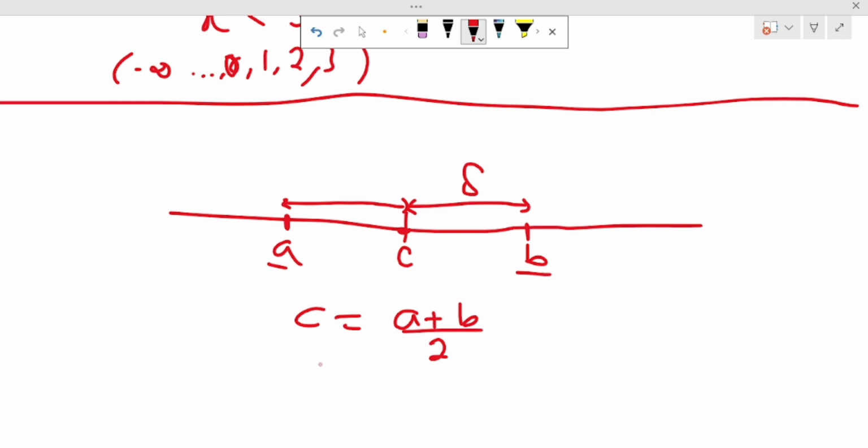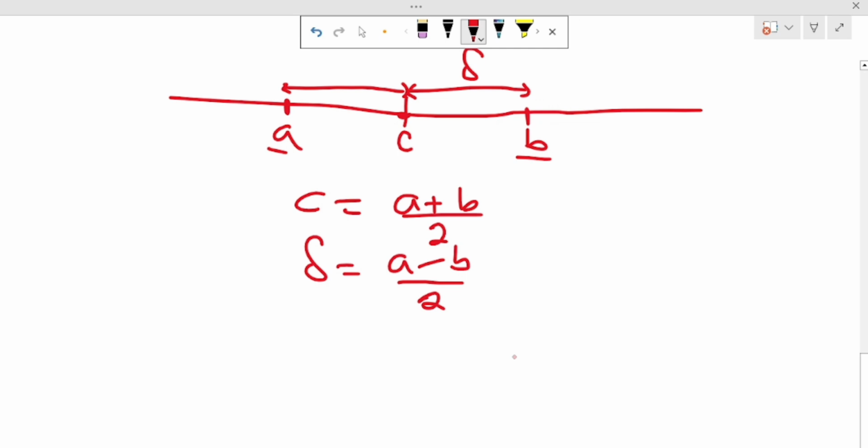And the radius of the interval, delta, can be found as B minus A divided by 2. Okay, so we will be using this very much to find the neighborhood of a midpoint.